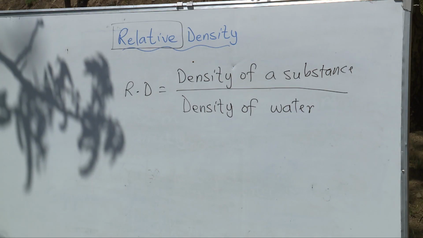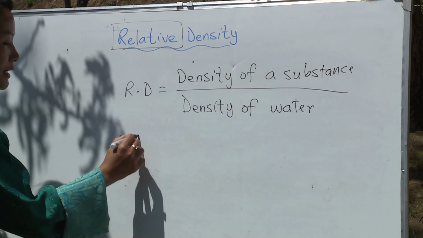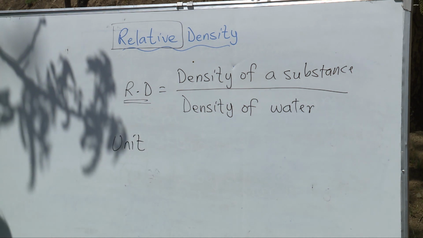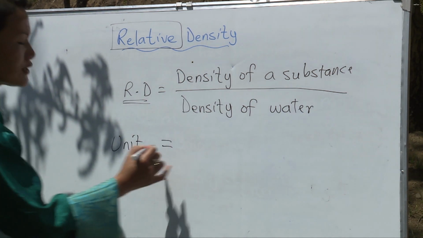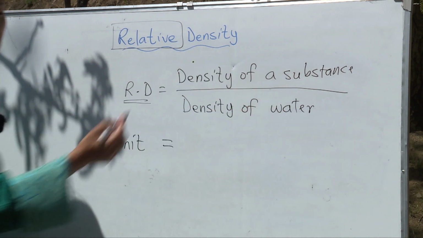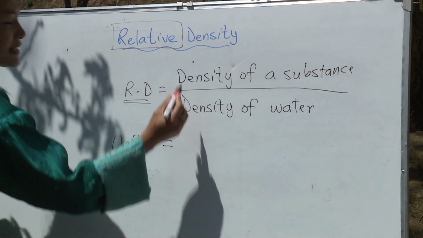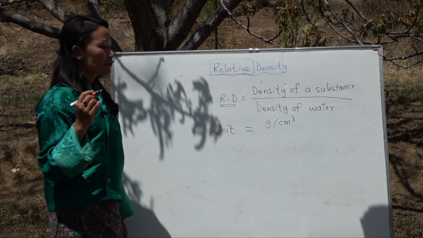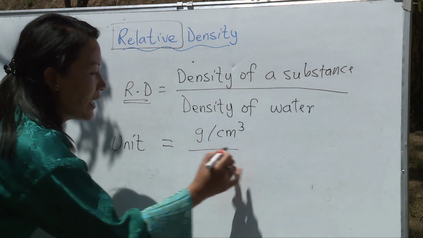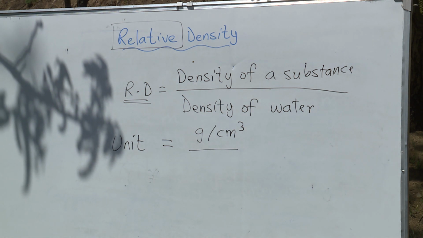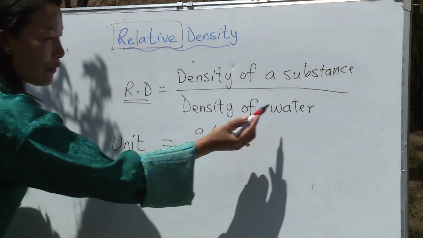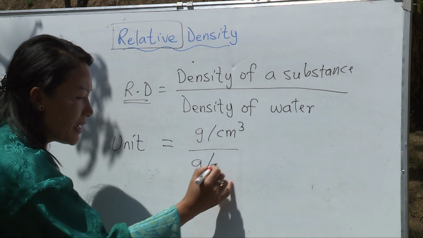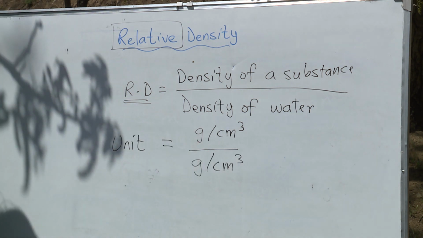Now we are going to see the unit for relative density. For that, we must know the density of a substance. Any substance's density, we saw, can be measured in gram per cubic centimeter. For now, I'm taking the CGS unit. Likewise, the density of water is also measured in gram per cubic centimeter.